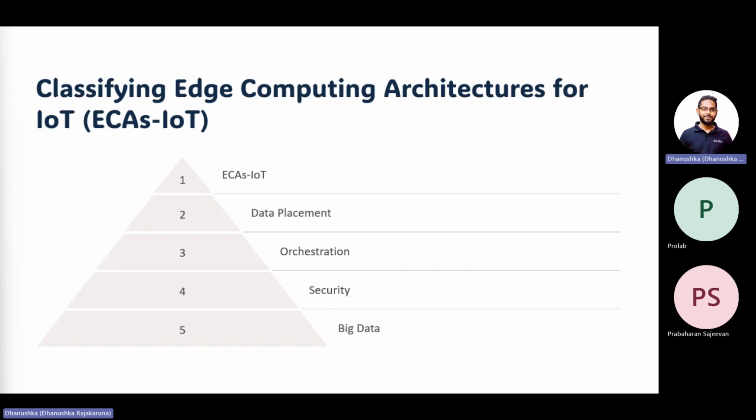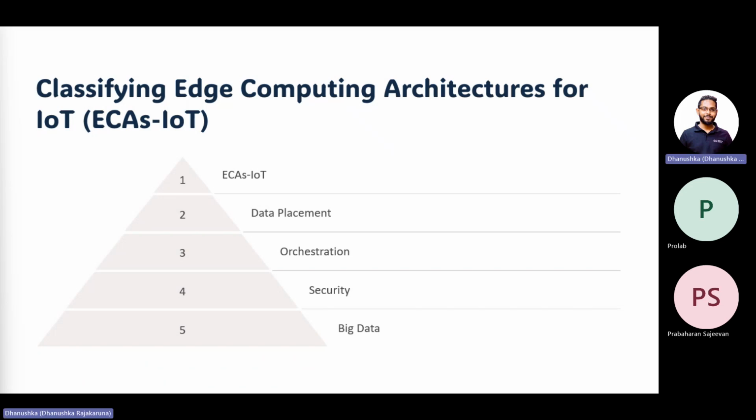Local server edge computing: localized edge servers or micro data centers handle computational tasks, offering higher processing power than a gateway while maintaining proximity to devices. Examples will be edge servers in retail stores for customer analytics.